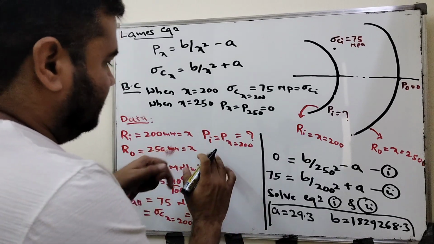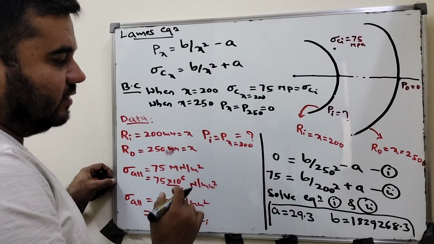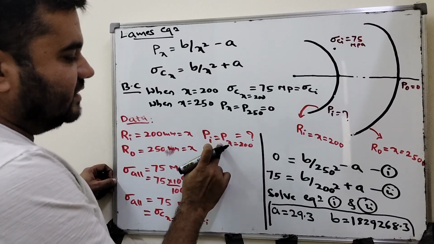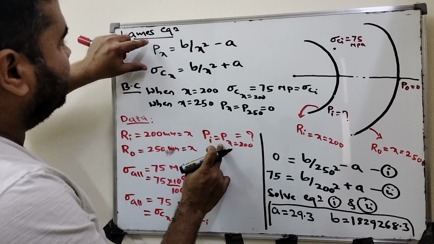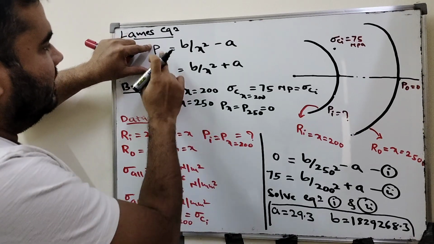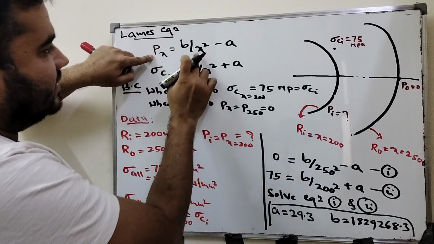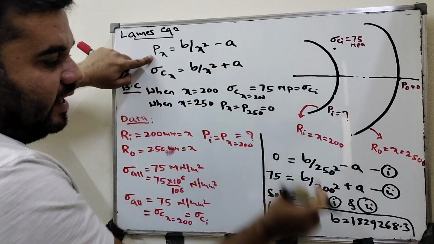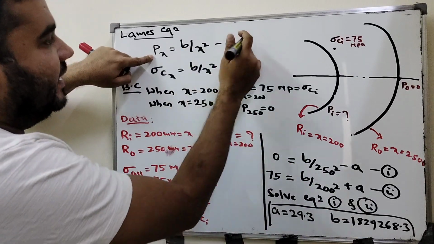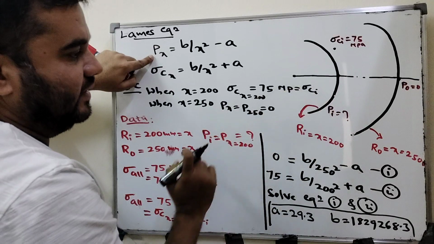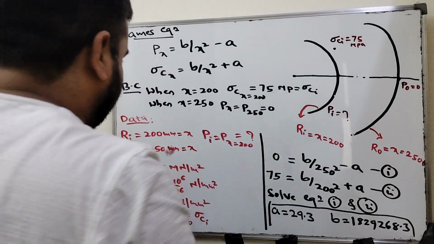Now come to what we want to calculate here: Pi, at x equal to 200, how much is the pressure? Now in this equation, substitute x equal to 200. We know A value, we know B value, right? We will get the pressure at x equal to 200.